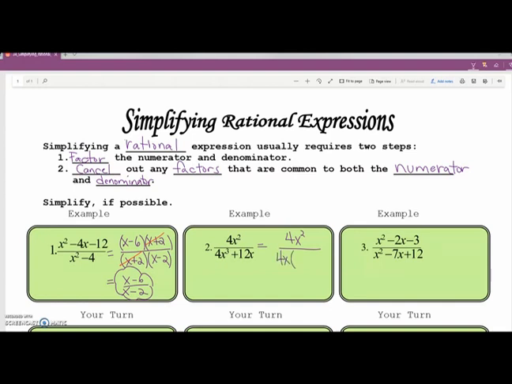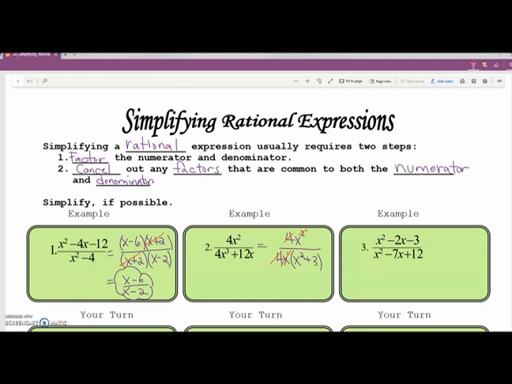Next problem, 4x squared is a product, so any of that can be canceled. In the bottom, I have to take out the GCF, which is 4x, and I'm left with x squared plus 3. Now, the 4's will cancel, and the x in the bottom is going to cancel with one of the two x's in the top. Just think about subtracting exponents when you're dividing, so that'll leave a single x in the numerator.